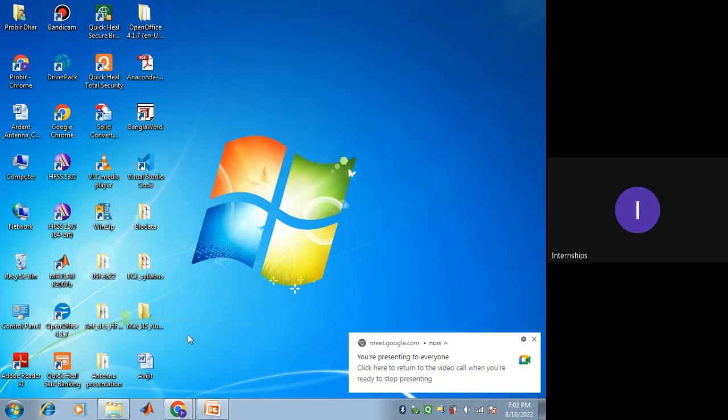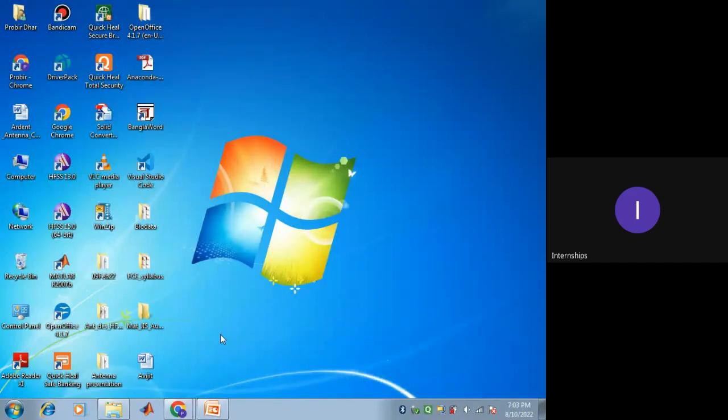Matlab is a computational tool, and it is very easy to learn, and that makes it very popular with scientists and academicians for their computational work, because it is very easy to implement your algorithm.